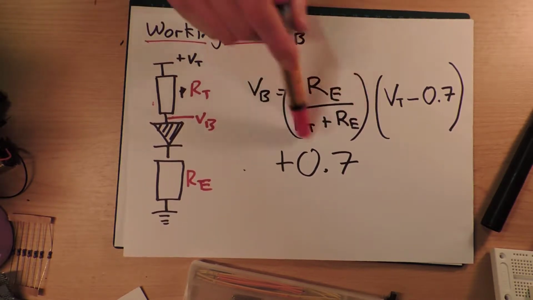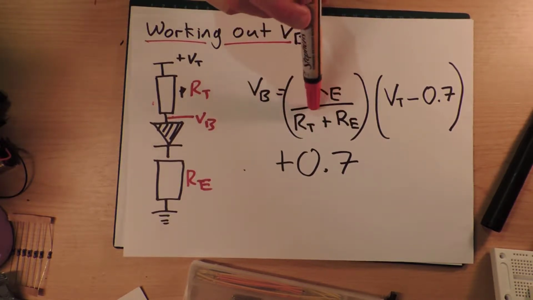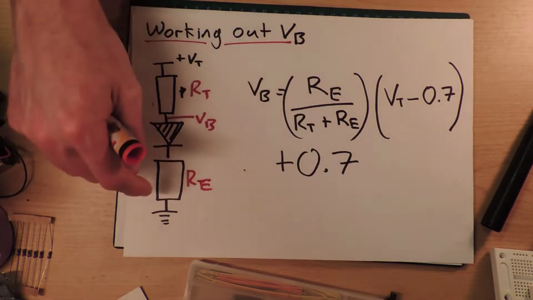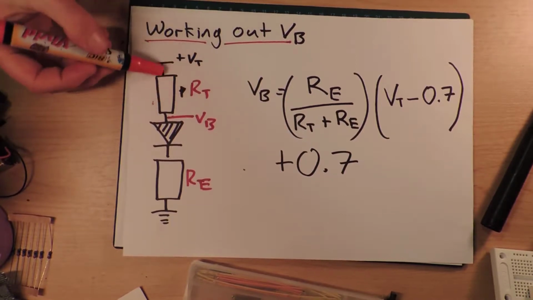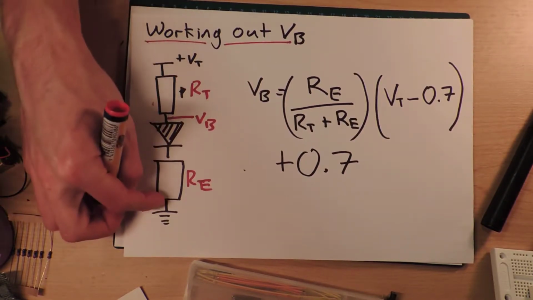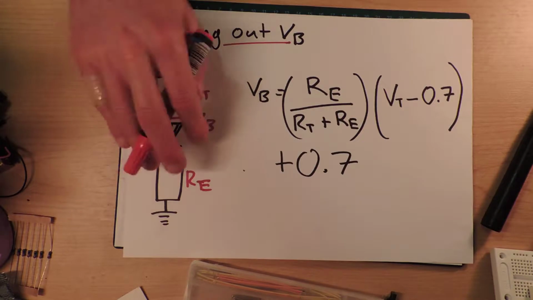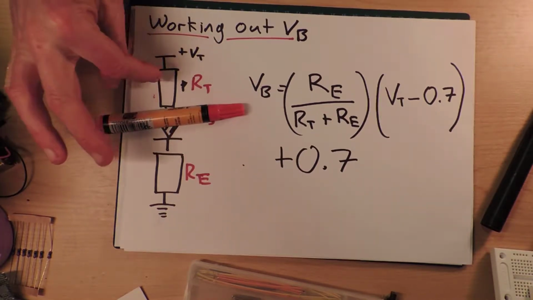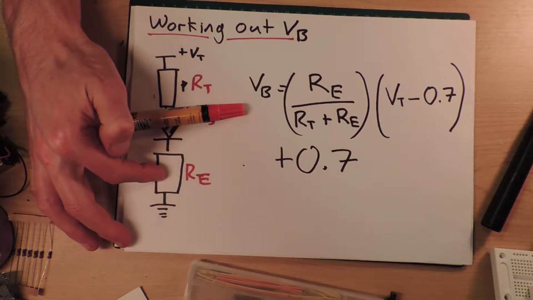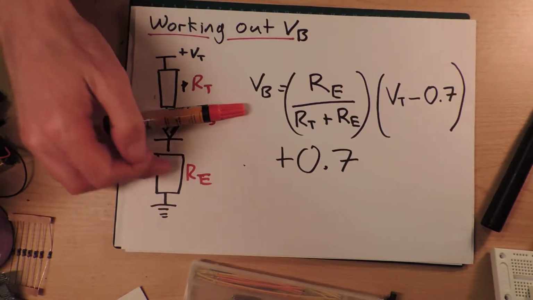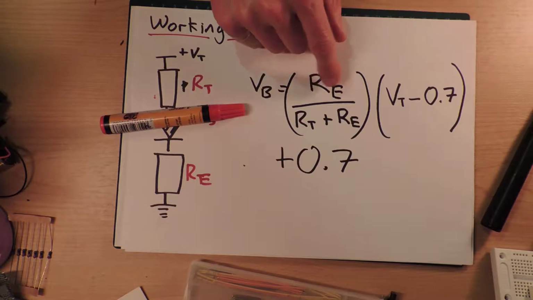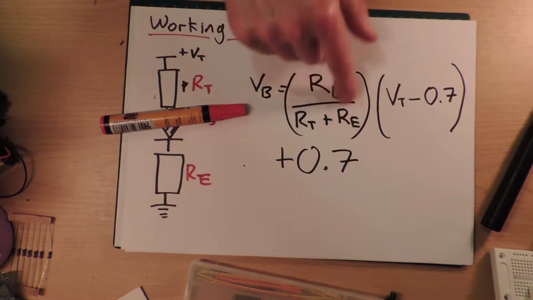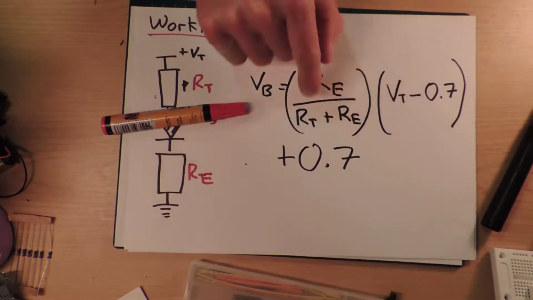This is just the ratio of voltage across RE given RE and RT. We use a certain amount of voltage to go through RT and RE, ignoring the diode for a second, and we're dividing that up. So this is just me asking, what's the percentage, the ratio, the fraction?